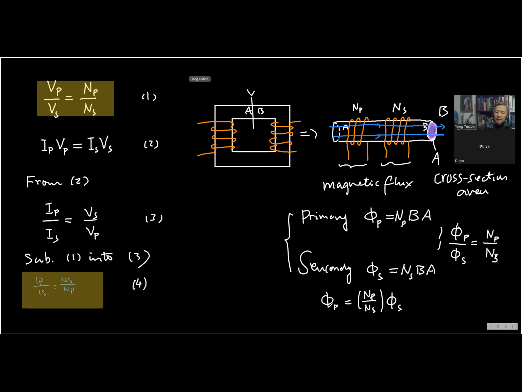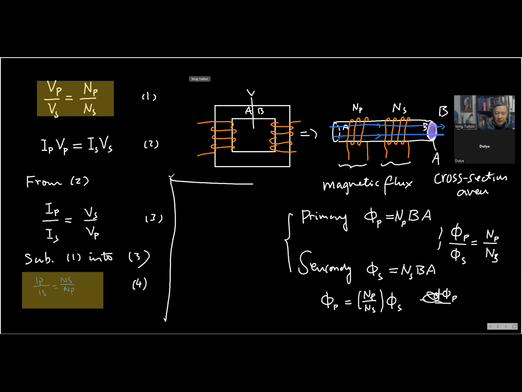So what can we do about it? We can use Faraday's law. We can use the first derivative, plus a negative sign. So negative d phi primary with respect to time. Maybe I will use this corner, since it is larger.